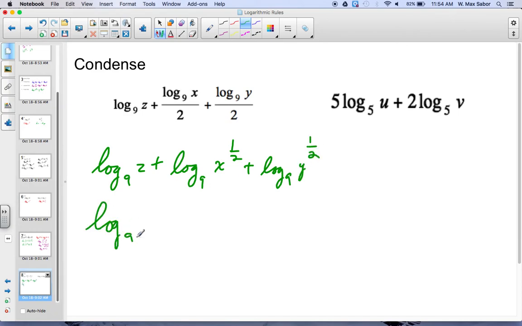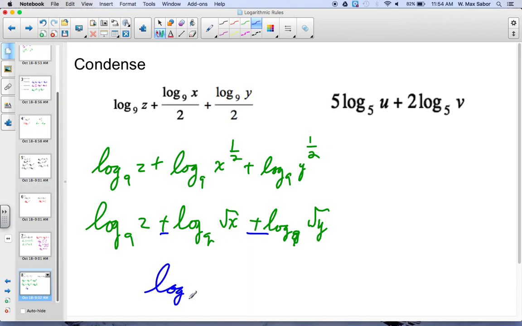So log base 9 of z plus log base 9 of the square root of x, because that's what x to the 1/2 is, plus log base 9 of the square root of y. And now because we're adding, we're going to multiply inside. So this is z times the square root of x times the square root of y, which is the square root of xy. So that's condensed.